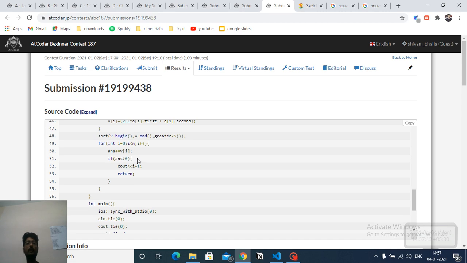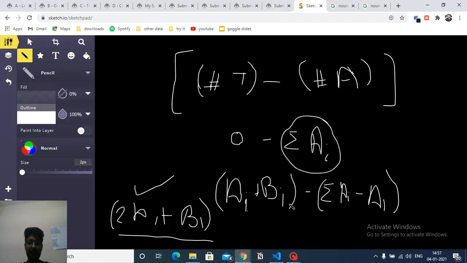Now for every city, we iterate over every speech. What will be our new answer? We want to make this equation greater than 0, and this equation is currently less than 0. Why? Because in the initial state I have not given any speech, so this value is all negative and this is 0. After every speech, the Takahashi value increases and this decreases by this value.